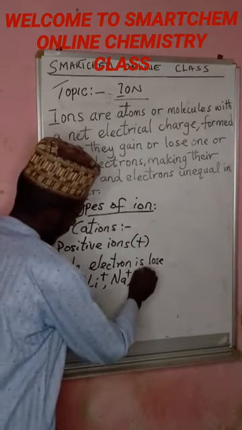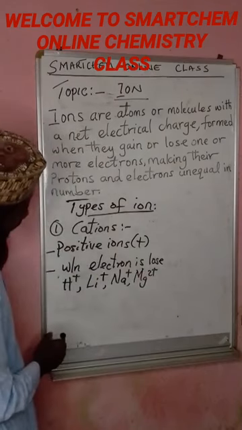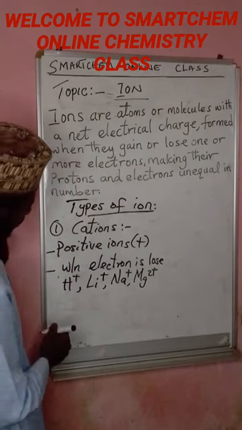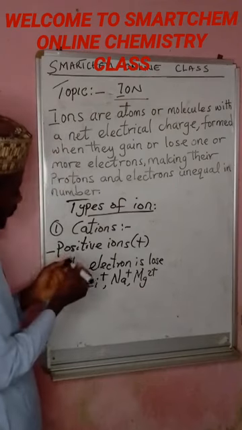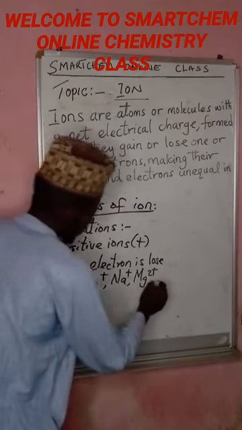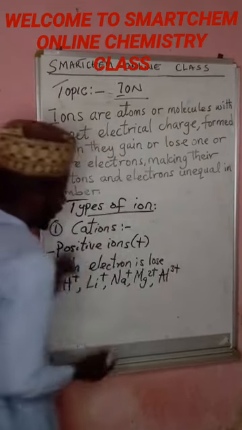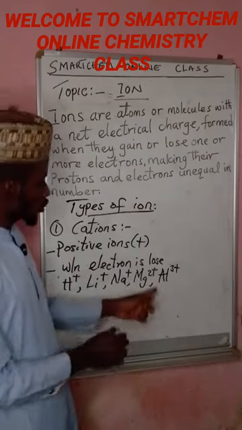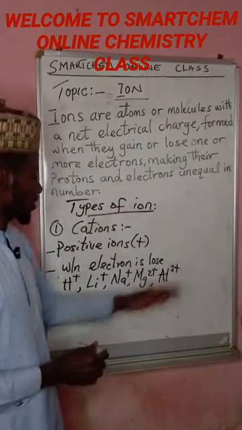Then we have magnesium 2 plus. These are the typical examples we are going to give. Let's add aluminium 3 plus. In this case, magnesium is losing 2 electrons, while aluminium is losing 3. That is why it has plus 3.